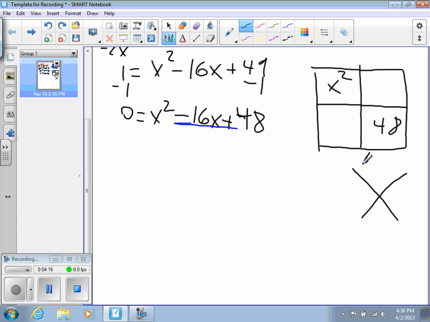So of course I've got A times C, the air conditioner on the roof, and B, the basement under the house. A times C, 1 times 48 will give me 48. And my B is negative 16.